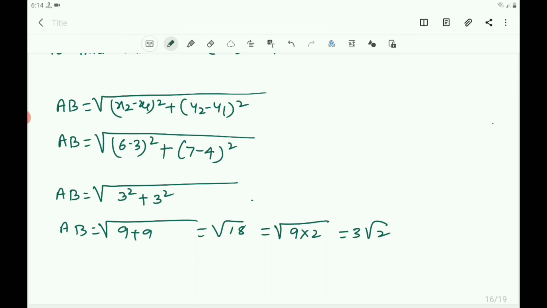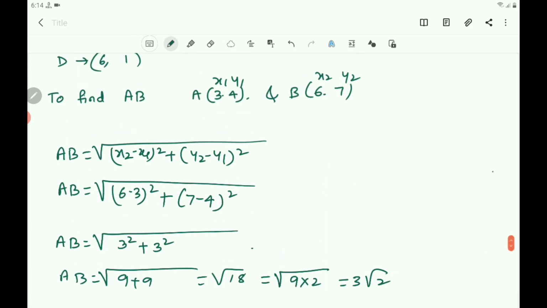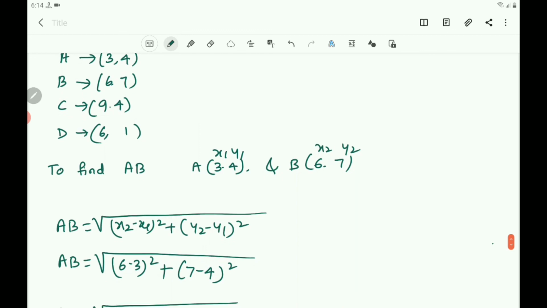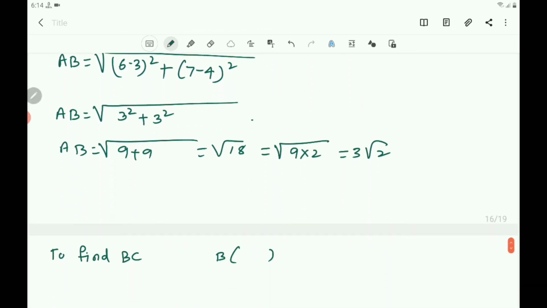Next you take BC. B is a point with the coordinates 6, 7 and C is a point with the coordinates 9, 4.